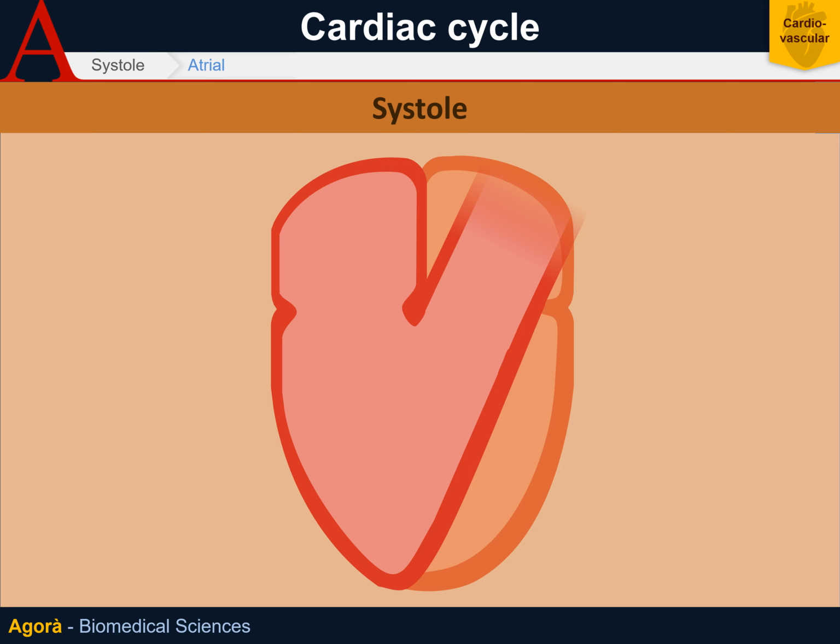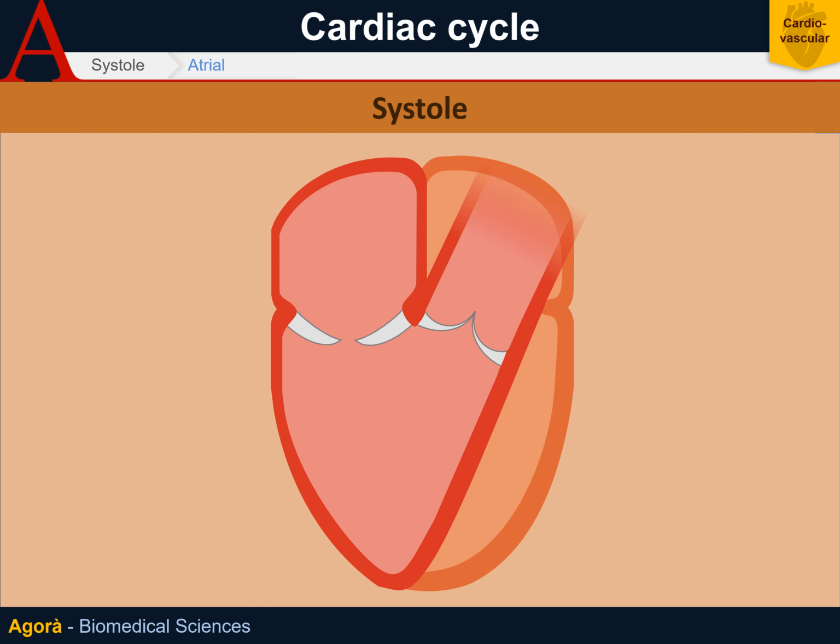The pressure with which the cycle occurs changes, although the type of events is always the same. The upper part is going to be the atrium, the bottom part the ventricle. The protrusive part is going to be the artery that comes out from the ventricle, the pulmonary trunk on the right and the aorta on the left. These are going to be the atrioventricular valve and the arterial valve.